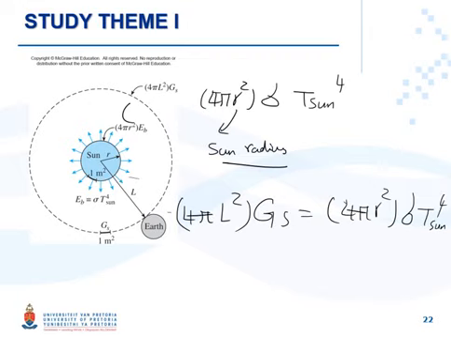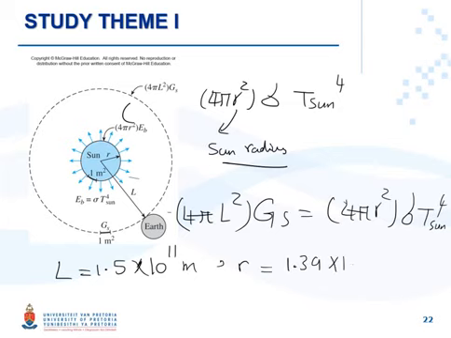This L, we said that we know it's 1.5 multiplied by 10 to the power of 11 meter. We said that we know the radius of the Sun is 1.39 multiplied by 10 to the power of 9 meter in diameter. We also know the solar constant, 1373 watt per square meter.